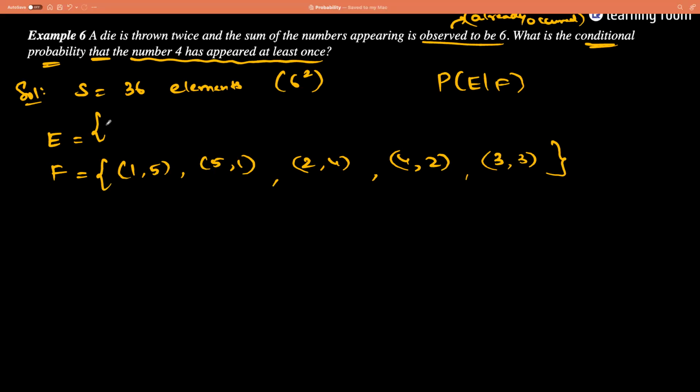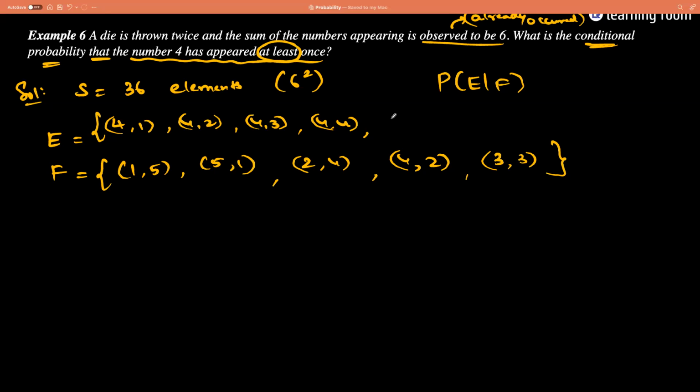So what about E? That the number 4 has appeared at least once. Where can 4 appear? 4, 1, 4, 2, 4, 3, 4, 4. Can I take 4, 4? They used at least once, no? Yes. So when should I not use 4, 4?